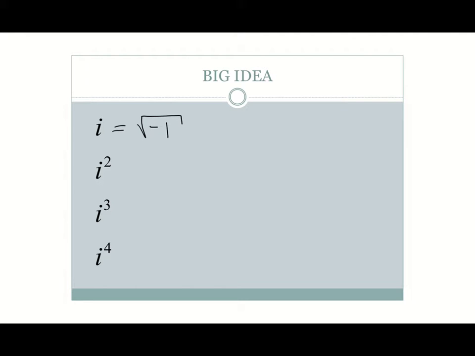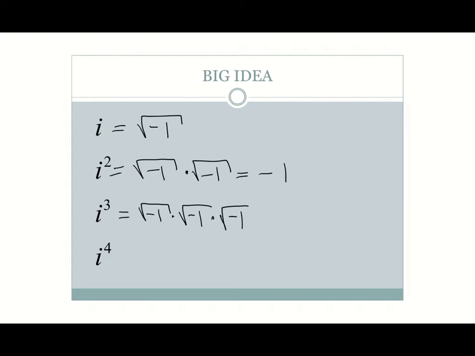Now, if we have i squared, we're taking the square root of negative 1 times the square root of negative 1. And if we multiply two square roots, our square root cancels, and we're just left with negative 1. So i squared is equal to negative 1. If we have i cubed, we have the square root of negative 1 times the square root of negative 1 times the square root of negative 1.